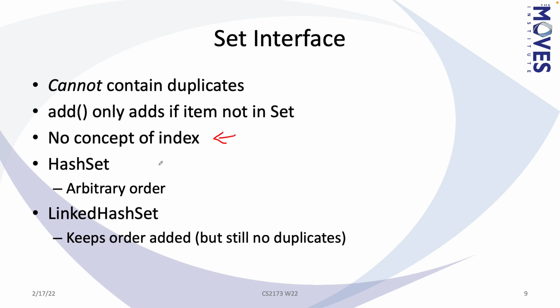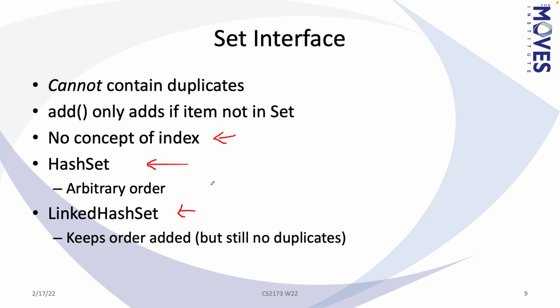The two main concrete sets are HashSet and LinkedHashSet. And the difference is that with a HashSet, when I say arbitrary order, it's a little under the hood. It uses this thing called a hash code that every object has.